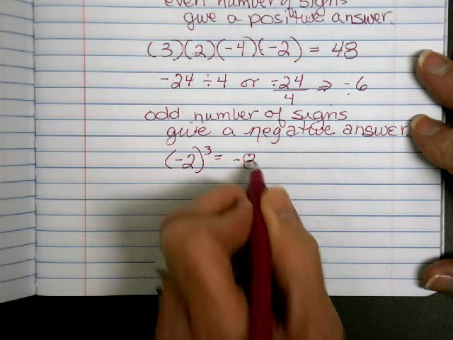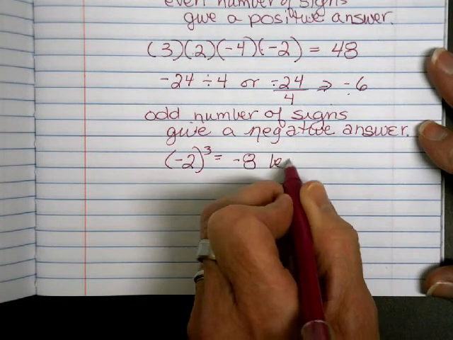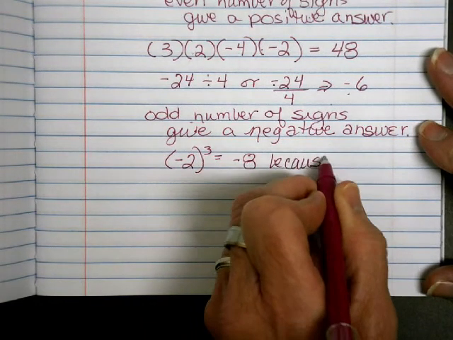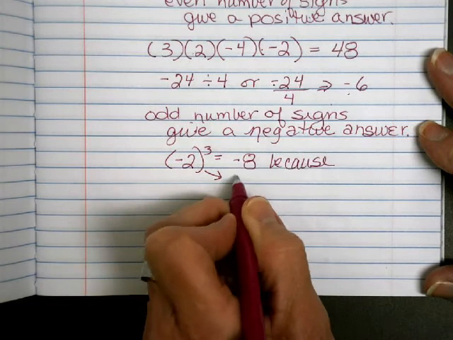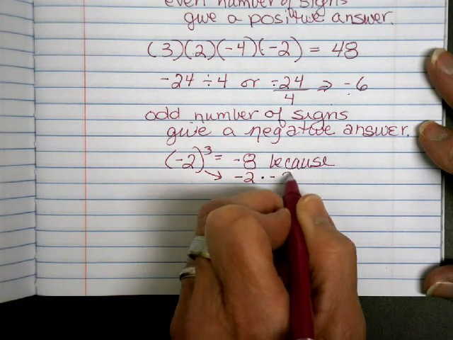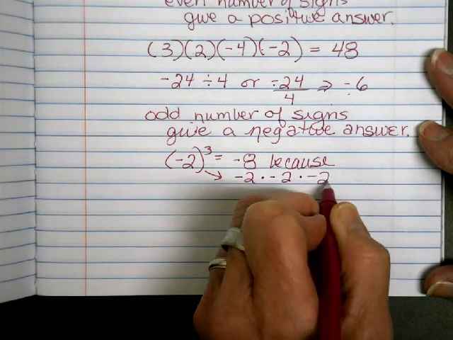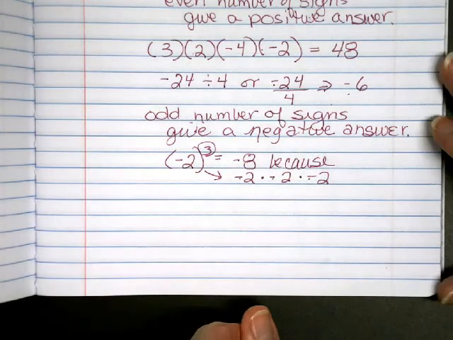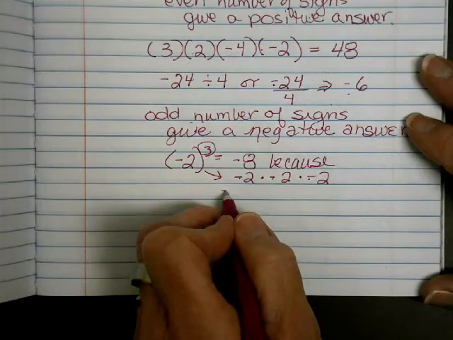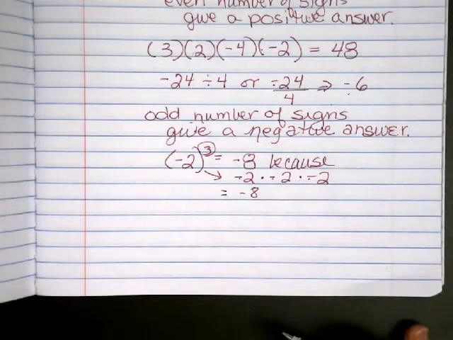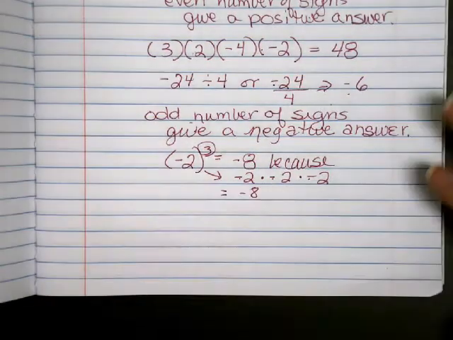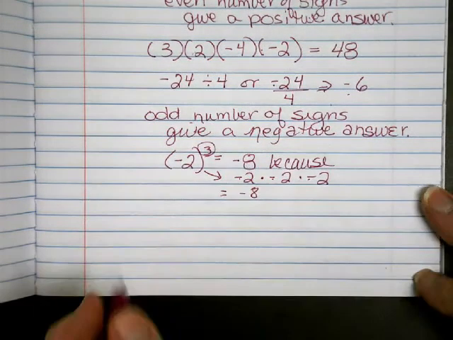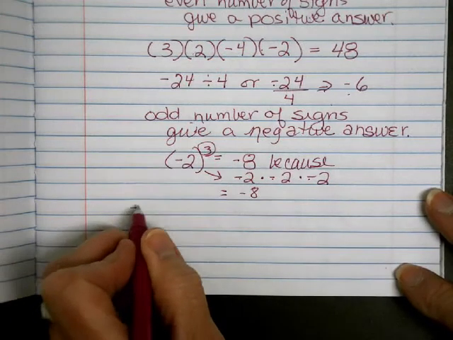Your answer is going to be a negative, because negative 2 to the 3rd power is negative 2 times negative 2 times negative 2. You see how there's an odd number of negatives? You've got the result. So remember that.